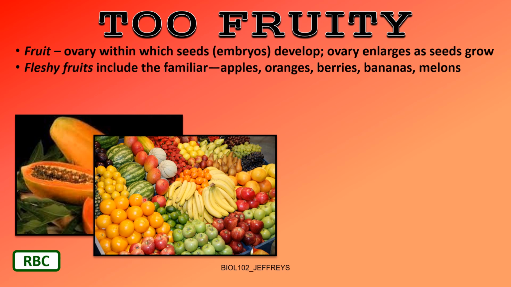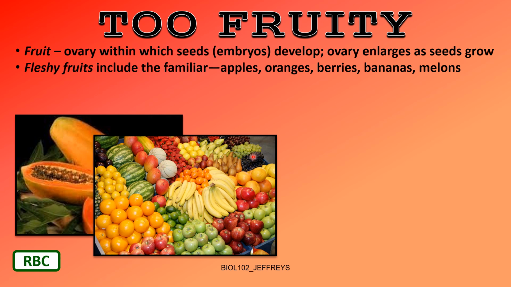That's what fruit is. It's an ovary. And so there are two types of fruits. There's fleshy fruits and there's dry fruits. Fleshy fruits come in a whole variety of shapes and forms and colors that you're familiar with, like apples and oranges. There's watermelons, and here's mangoes.